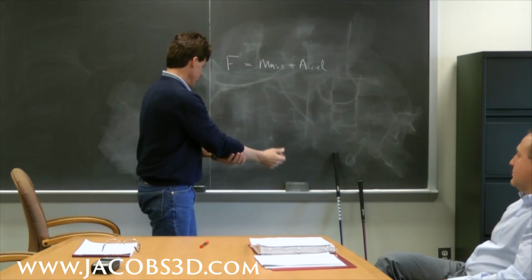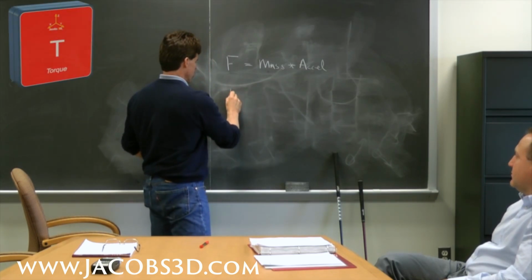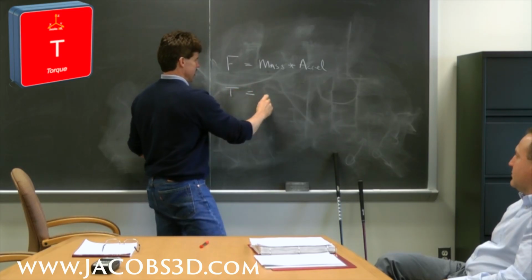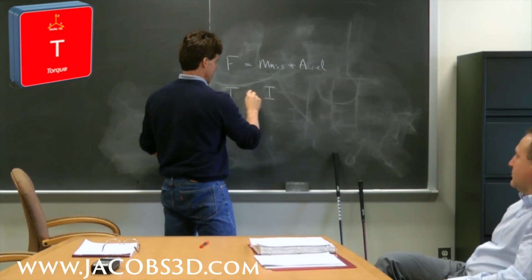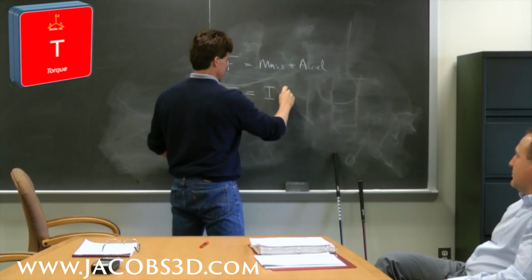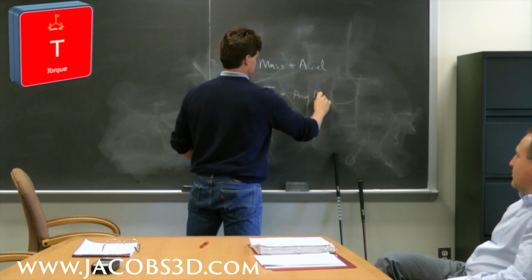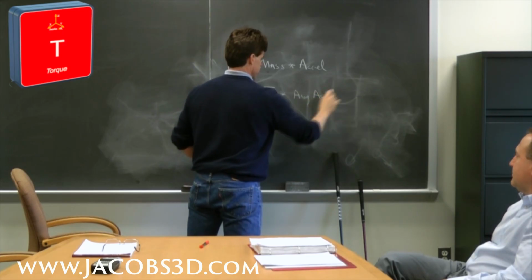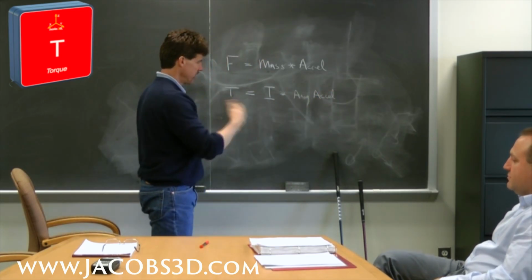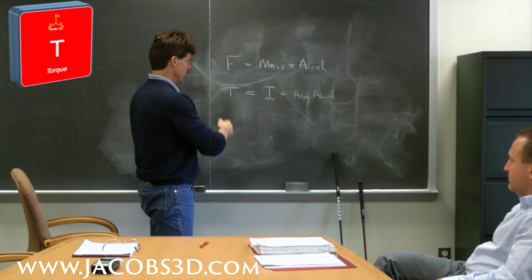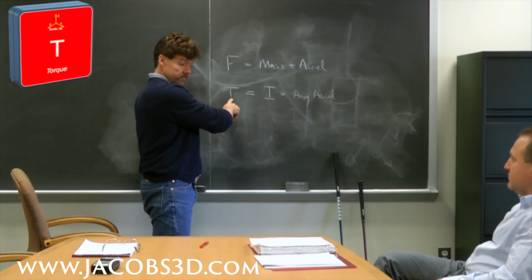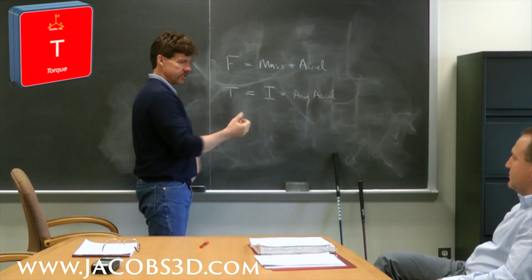Then you have the other equation, which is your torque equals I times the angular acceleration. So this is the rotational version of Newton's second law. A torque is a twisting force.